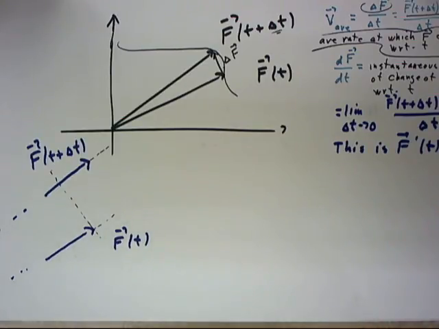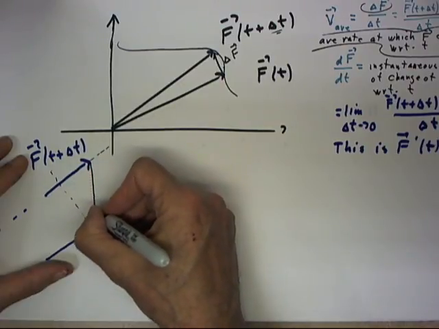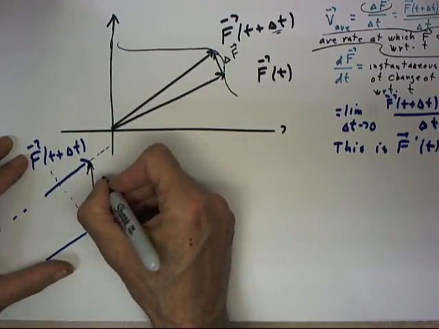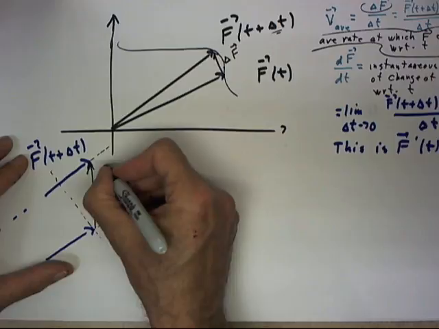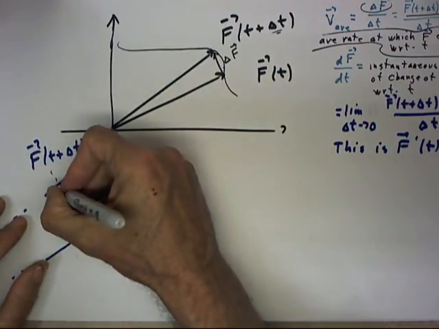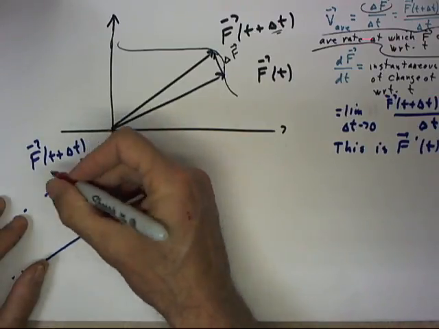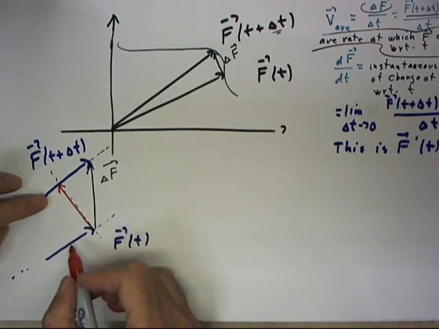We observe that the change delta f can be expressed, and sometimes it's important to do so, as the sum of the change in a direction, the component in a direction perpendicular.